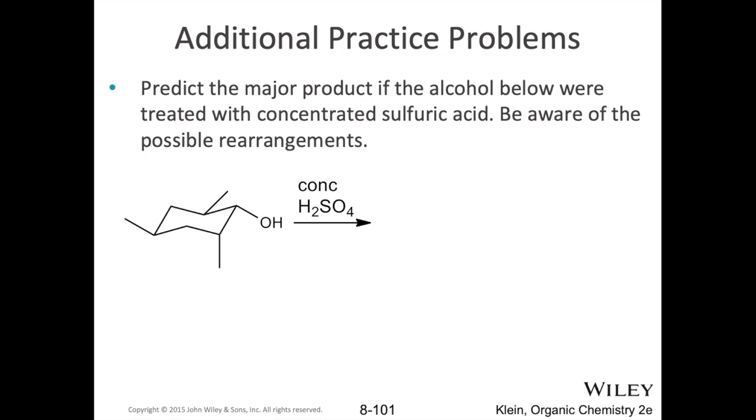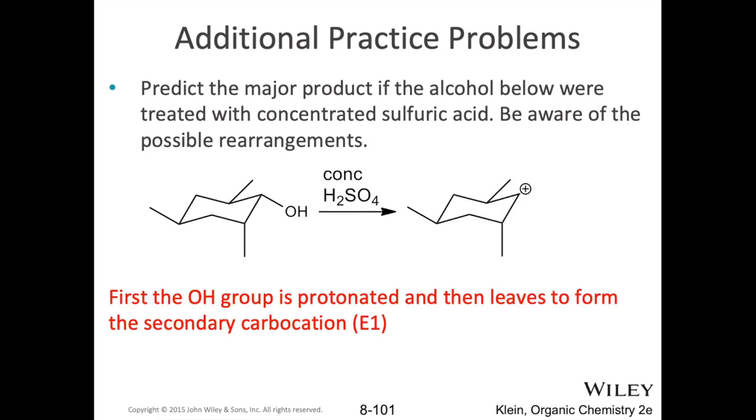Hopefully you figured out that when you remove this alcohol group, this is going to be a secondary carbocation. If you do a hydride shift and move your carbocation to either this carbon or this carbon, now you've got a tertiary carbocation. So that's something to keep in mind.